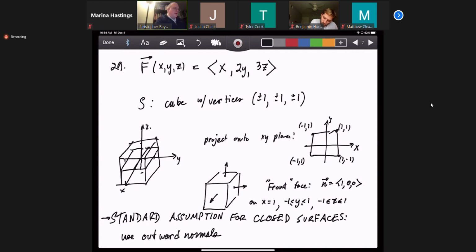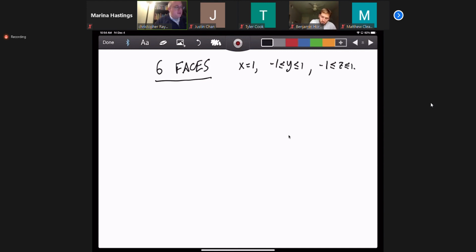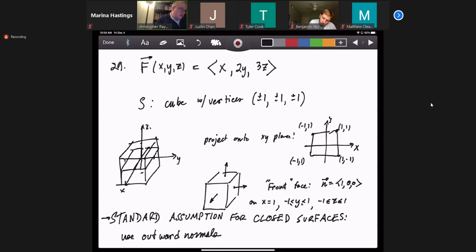All right, so we want to break our surface into the 6 faces. So let's think about x equals 1, y between -1 and 1, z between -1 and 1. Right, so that is what we call the front face of the cube here.